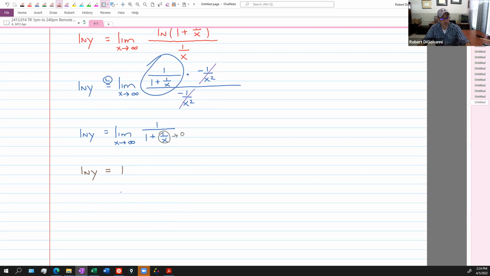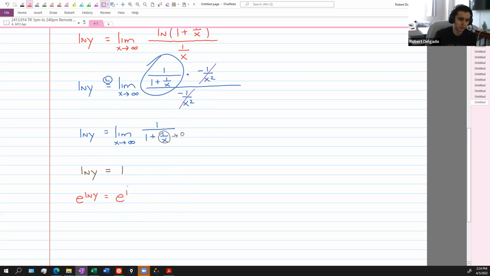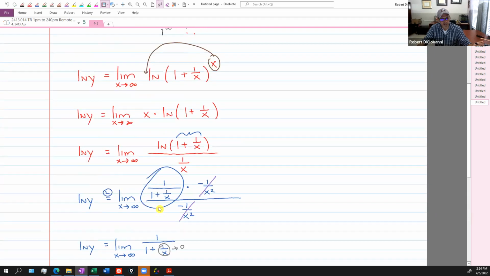Get rid of the natural log, so you bring e in. e to the natural log of y equals e to the 1. The left side just becomes y, and the right side is just e. The answer is e.